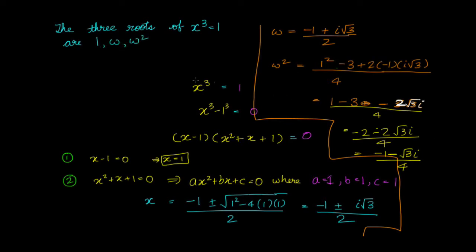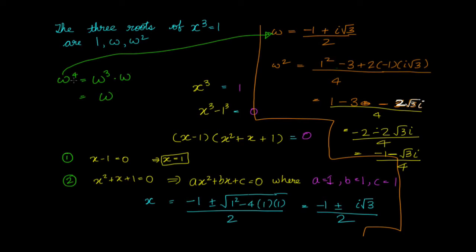Now, just as a small teaser, if you do omega to the power of 4, you'd get omega again. Omega to the power of 4 is equal to omega cube into omega. Omega cube is 1, as it should be, because it's a root of x cube is equal to 1. So which is just equal to omega.